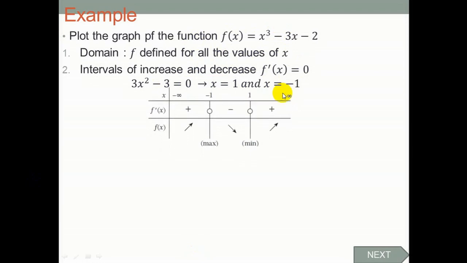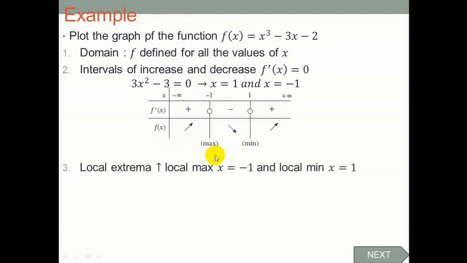And then you make the sign chart. In the sign chart, from minus infinity until minus 1 is up arrow, then down arrow, and up arrow. So minus 1 is maximum because an up arrow meets a down arrow, and a down arrow meeting an up arrow is the minimum.